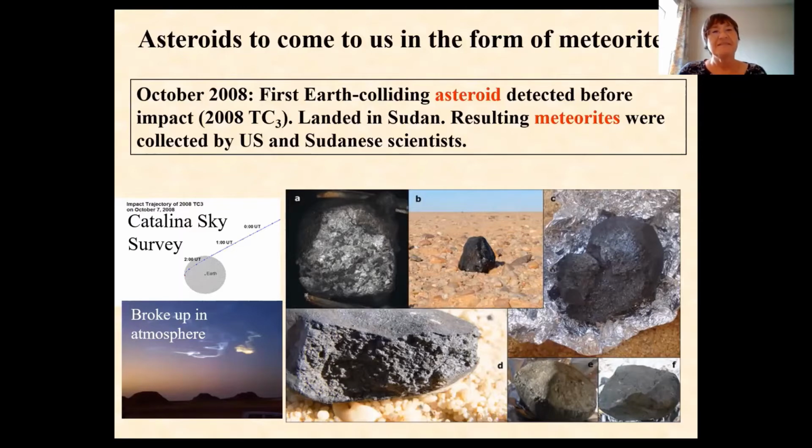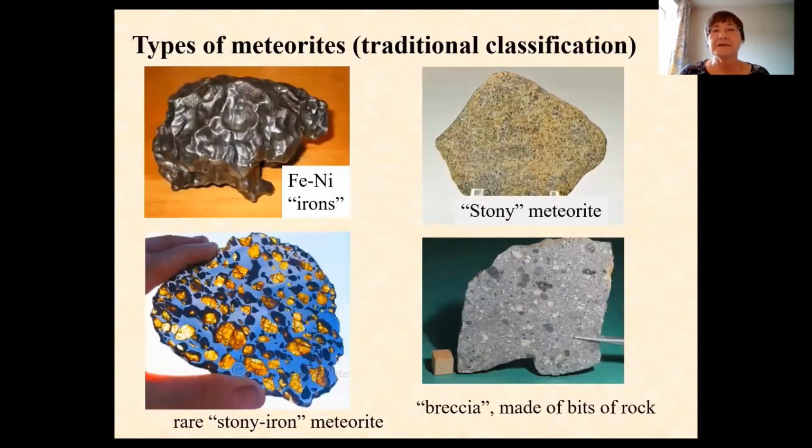The resulting meteorites were collected by US and Sudanese scientists who went out into the desert and found about 600 meteorites. I'll come back to this particular asteroid later, I hope.